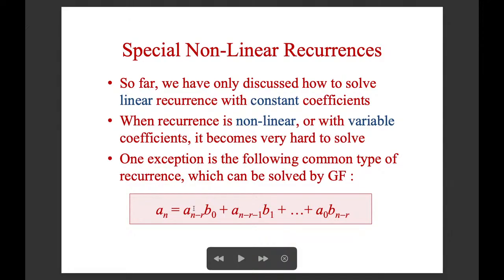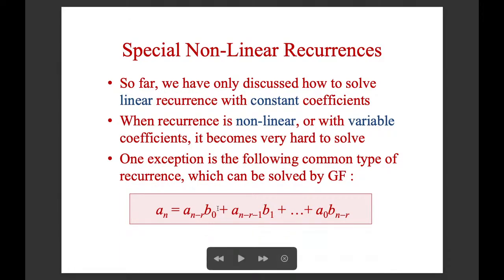a_n is equal to a_{n-r} times b_0, plus a_{n-r-1} times b_1, and so on and so forth. If you look at the subscripts here, this is n minus r, this is 0, this is n minus r minus 1, this is 1. If you add up the numbers inside these subscripts, they all add up to the same value, n minus r.